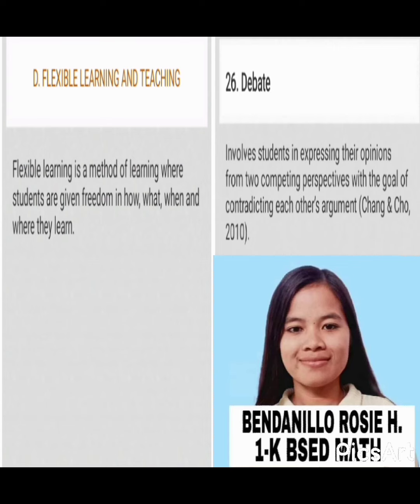And now, to be continued on letter D, which is flexible learning and teaching. Flexible learning is a method of learning where students are given freedom in how, what, when, and where they learn. For example, some students learn from a group of their classmates, and some students learn through action on their own.